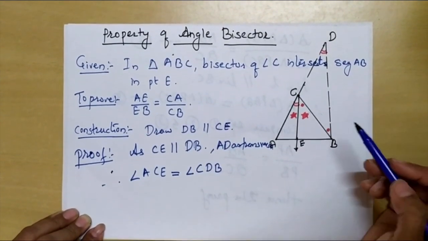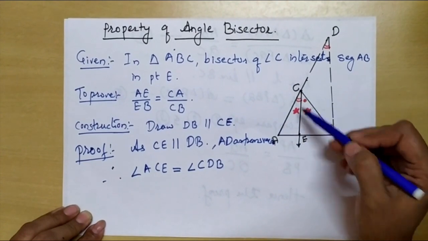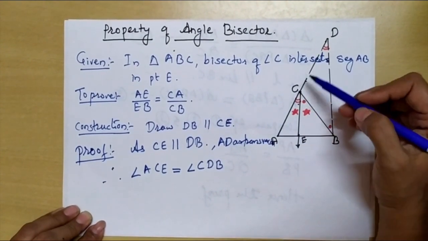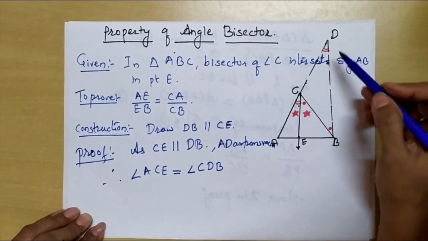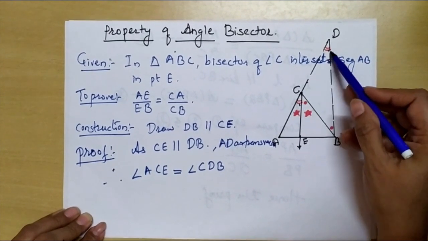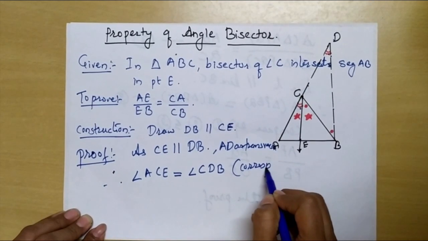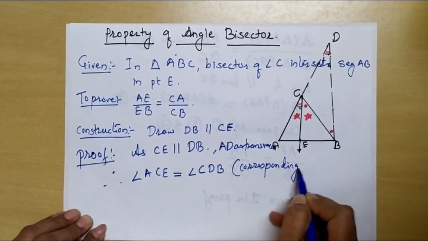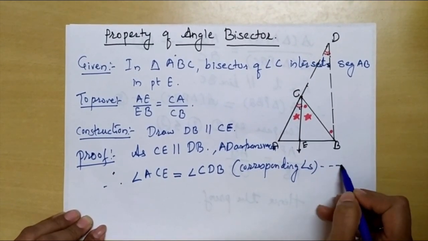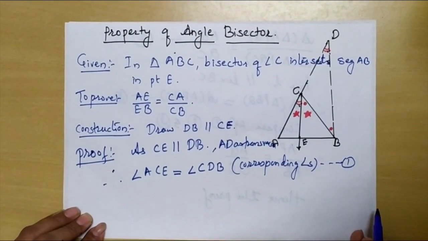I have shown them with the same symbols. Angle ACE is congruent to angle CDB. These two angles are corresponding angles. Let us consider this as equation first.